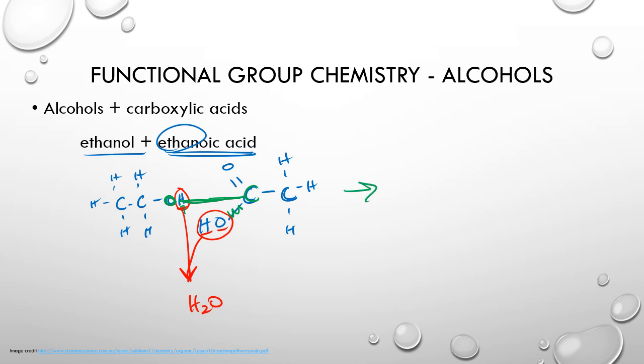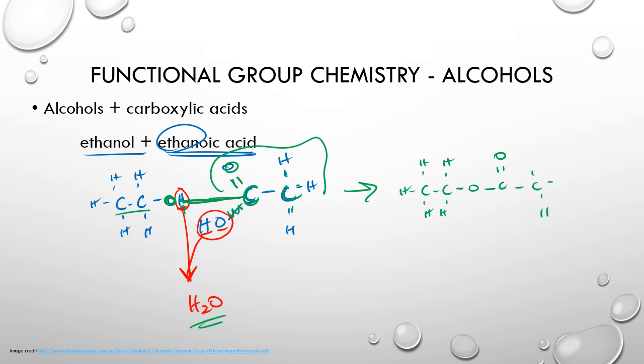What that's going to look like, of course, we have water and we're going to have 2 carbons and an oxygen. We're going to have those hydrogens around our carbons, of course. And then here on the other side, I have carbon double O, and then carbon with 3 H's.